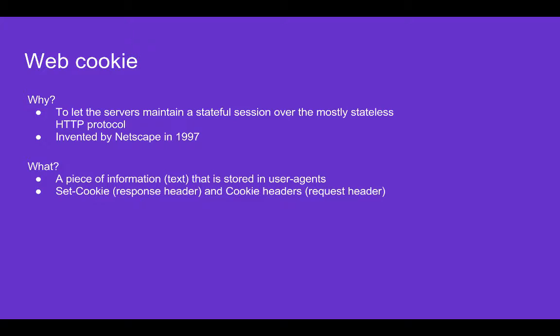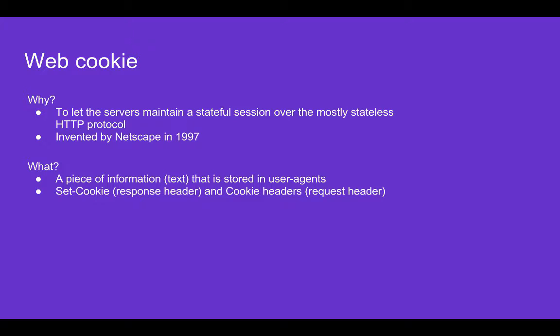So what happens if it is stored? Who is going to set that cookie value? The server is going to set the cookie value using the Set-Cookie header, which is part of the response header. Then the client is going to look at these cookie values and store them on the client side with the scope.